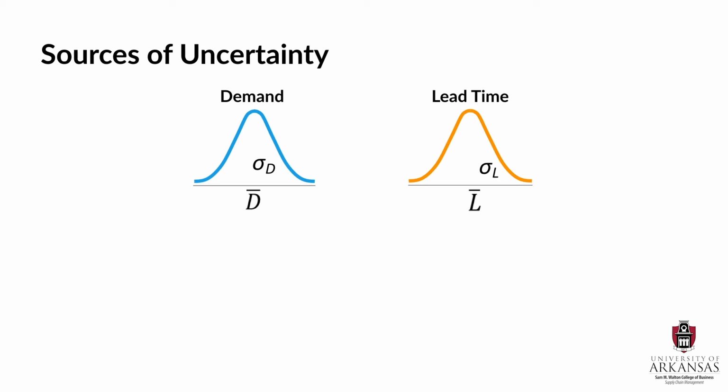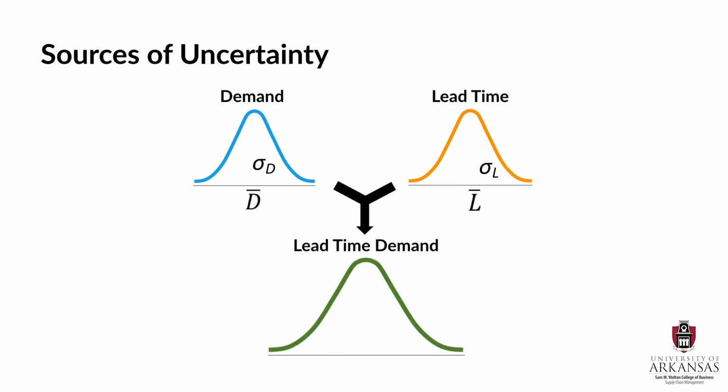In slightly more technical terms, we, quote-unquote, merge the demand and lead time distributions to obtain the distribution of lead time demand. The mean of this distribution is simply the product of average demand D bar and average lead time L bar. We'll call this DL bar.